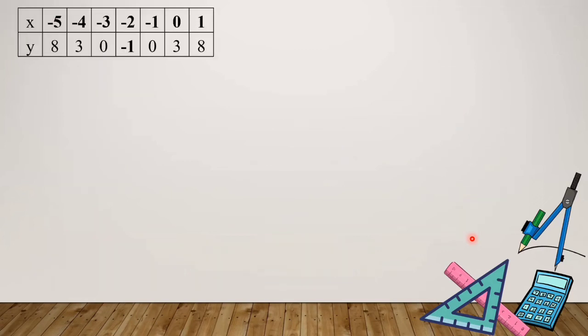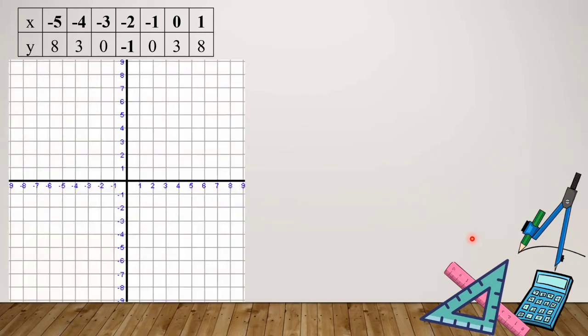Now, we use our table of values to graph our quadratic function. So here is the graph. We graph first the coordinates negative 5 and positive 8. So hanapin muna natin yung negative 5 sa x-axis.